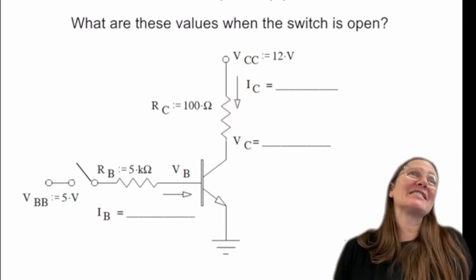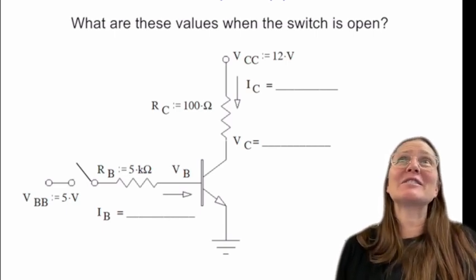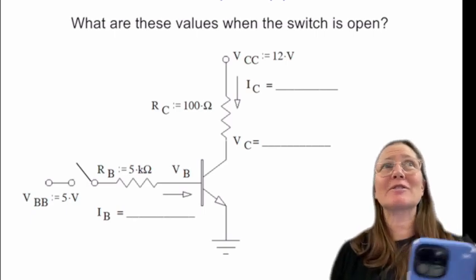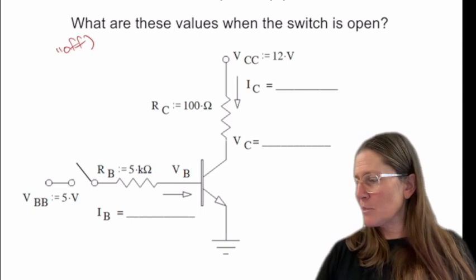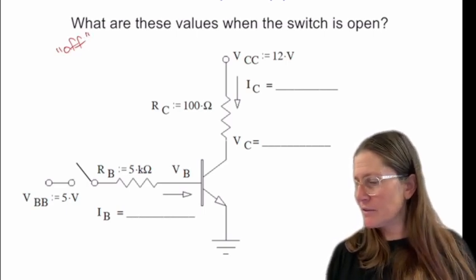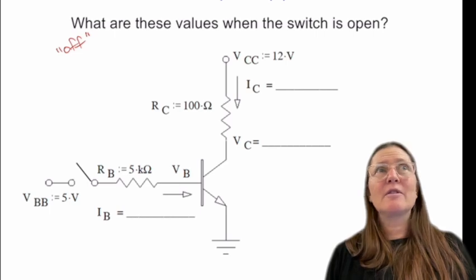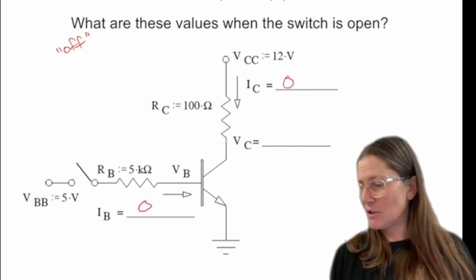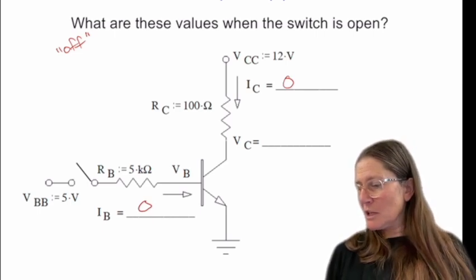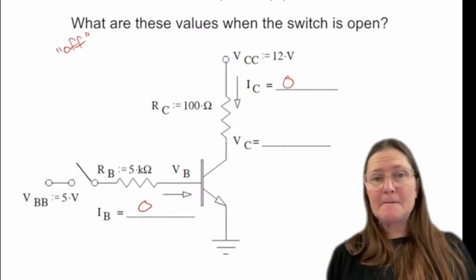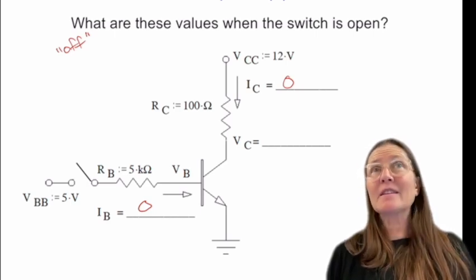So you would say it's off if there's nothing connected to it, it's just sitting there, it's probably off. So we would assume off, and what does it mean to be off with the currents? Correct, 0, 0. And then VC would be what here? 12 volts, correct.